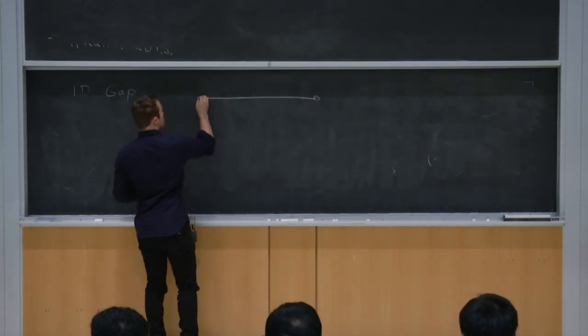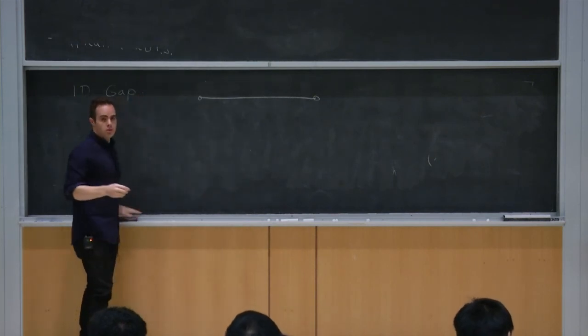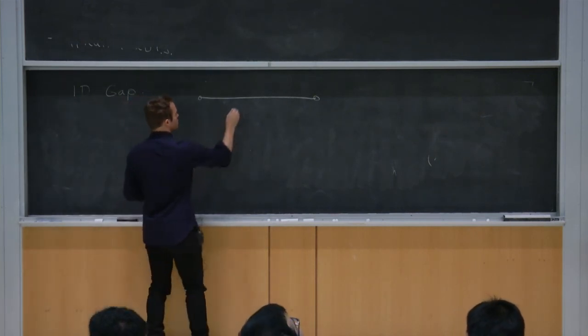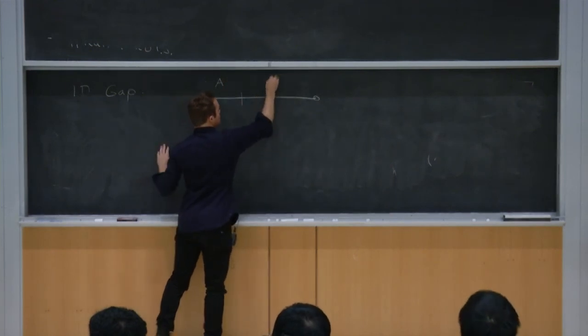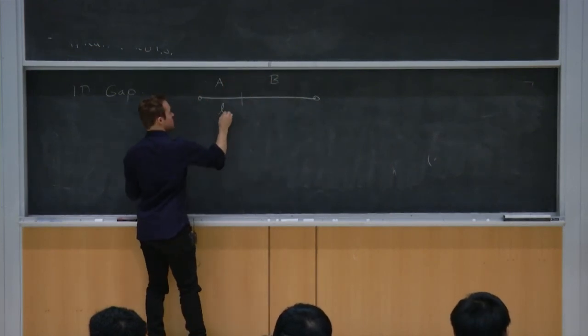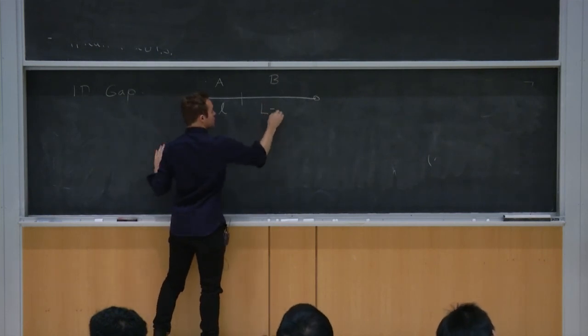So let's say you have a critical system, but it's on a strip, just meaning it has finite boundary conditions here. Now a different type of cut I could do is A and B, and let's make this size l and this size L minus l.